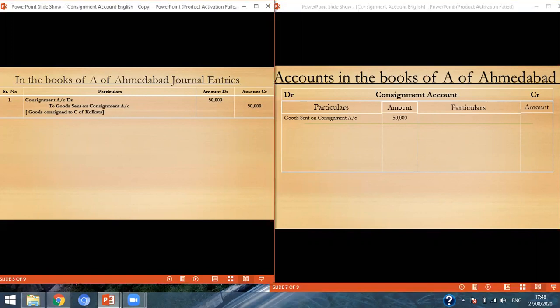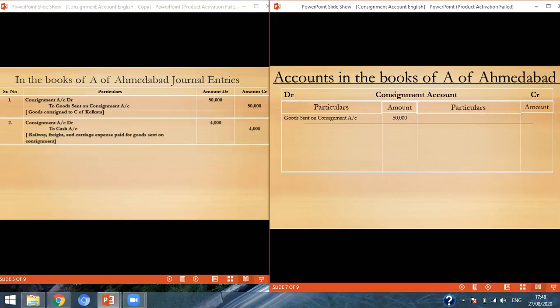Then the second entry is consignment account debit to cash account, the expense. So here again the consignment account is debited, so on the debit side of the consignment account we'll write cash account. Then we'll write in brackets the narration: railway etc. expense, amount is 4,000 rupees.